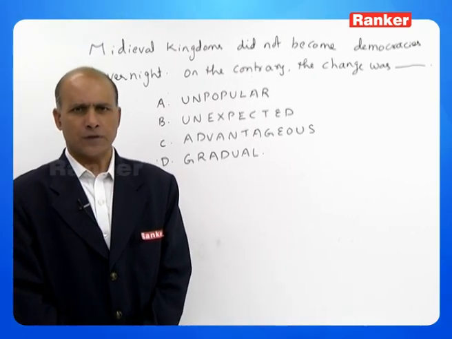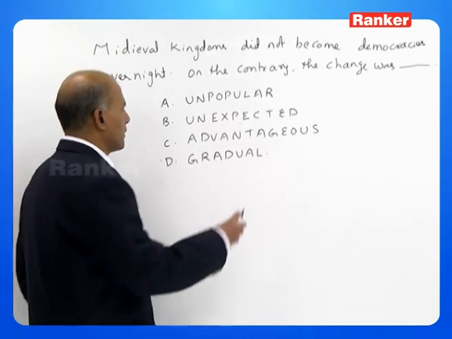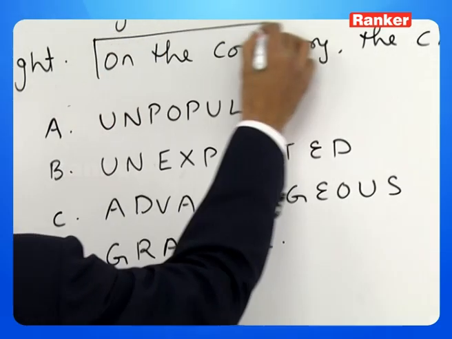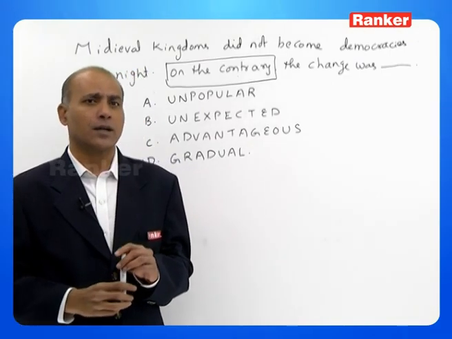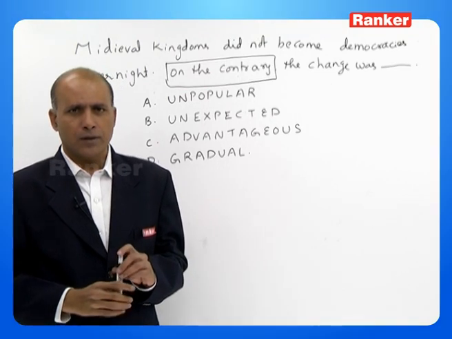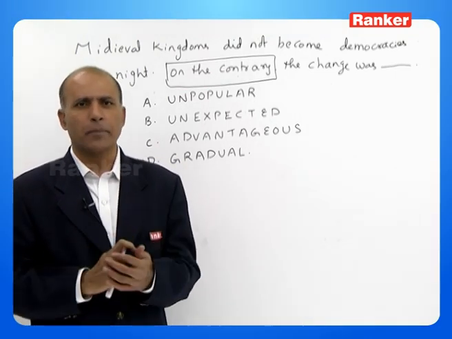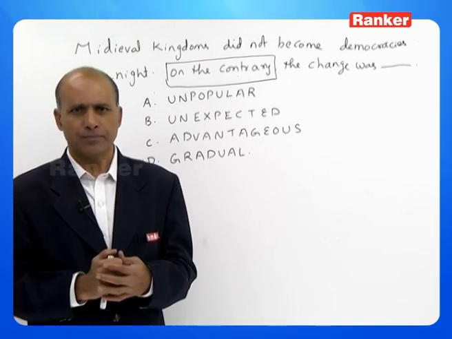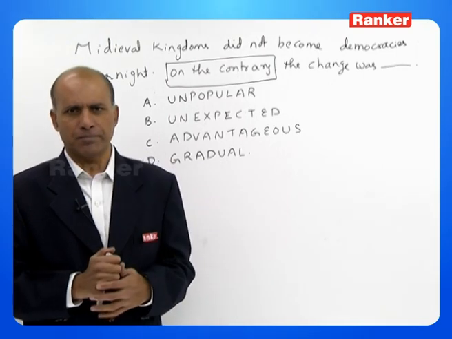In this sentence, the most important part is the connecting term called on the contrary. When I say on the contrary, I thought I will get a gold medal in this exam. On the contrary, I dashed the exam.